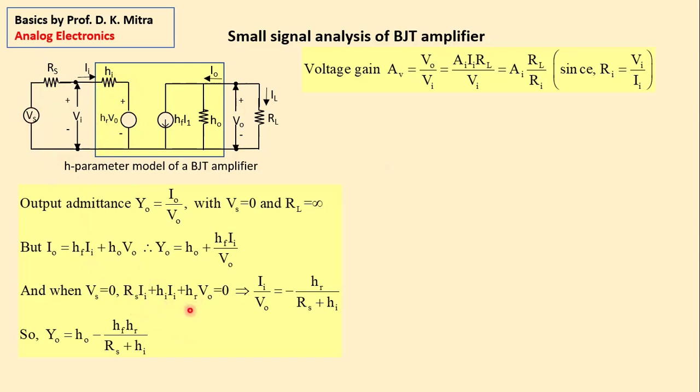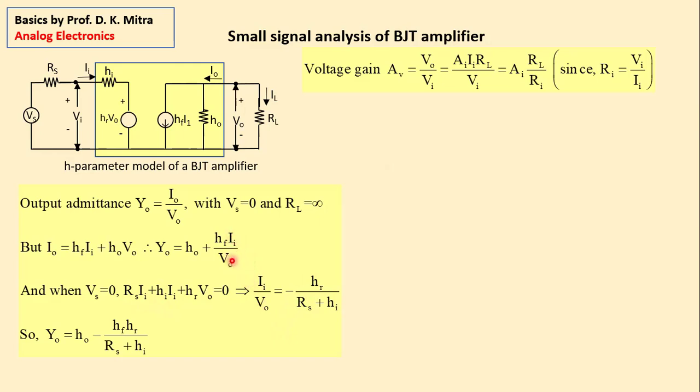From here, what do we get? II by VO, II can be taken common, and you have RS plus HI is equal to minus HR, so II by VO is minus HR divided by RS plus HI.